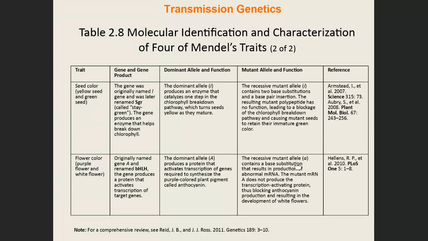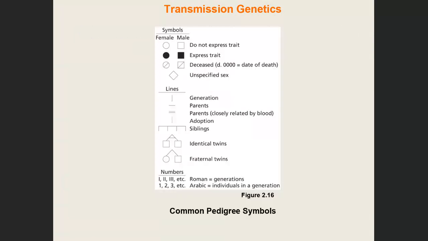And the mutant allele contains a base substitution that leads to a defect in the protein made out of that gene, and that inactivates that transcription factor. So this is just to conclude a little bit on what we know now regarding these mutations.